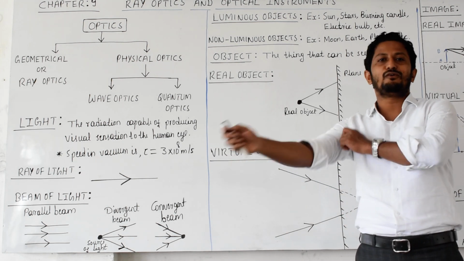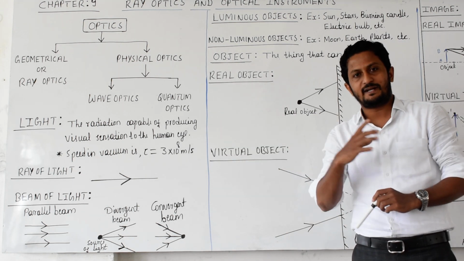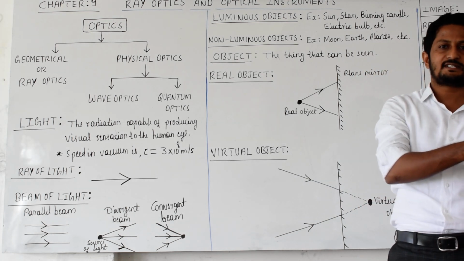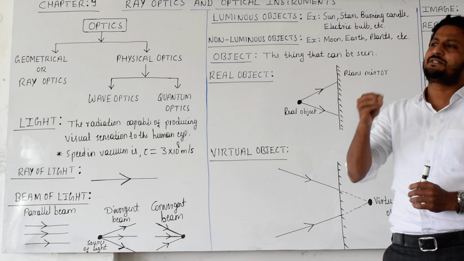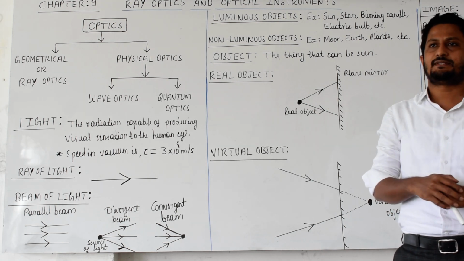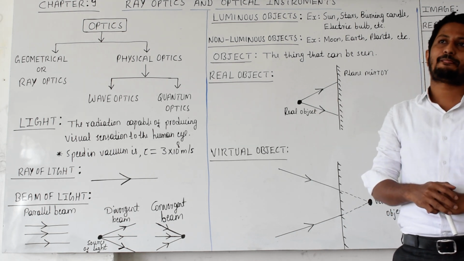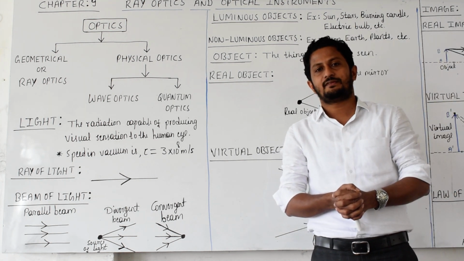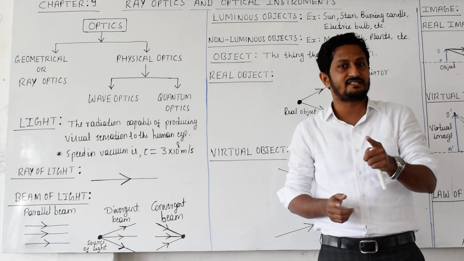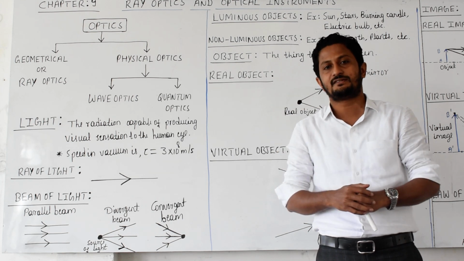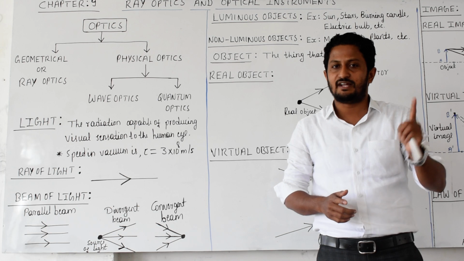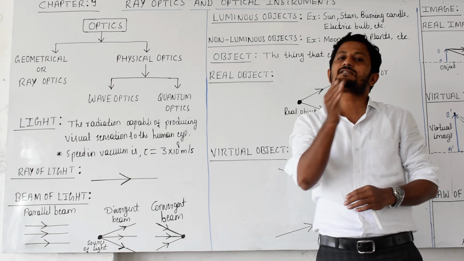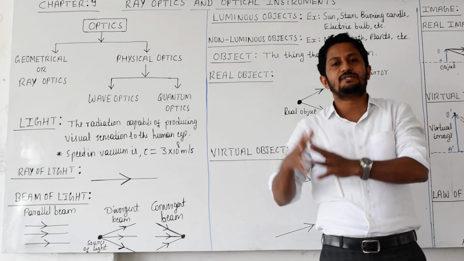Before entering into our respective chapter, we should know about some things called objects and images. Especially in this 9th chapter, we are going to study the interaction of light energy with optical elements to produce the images of so and so objects.